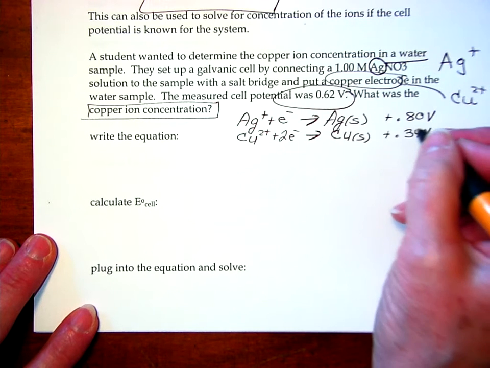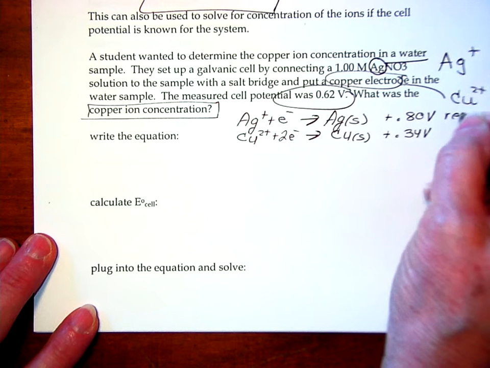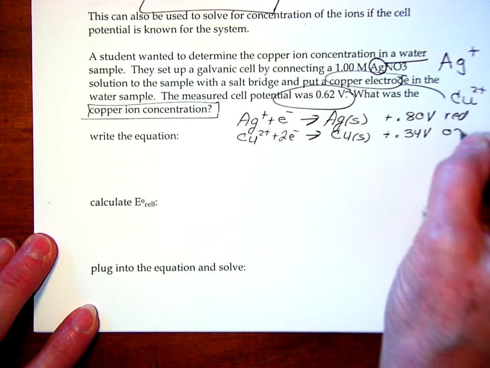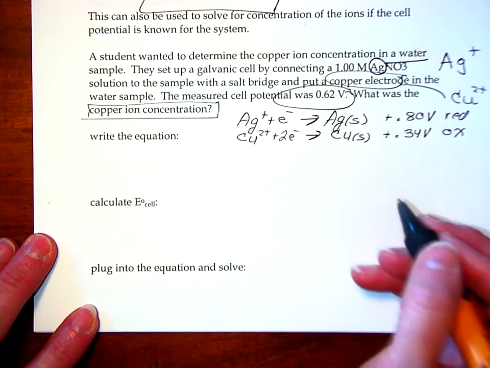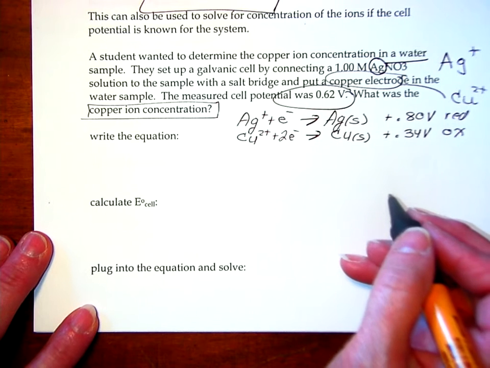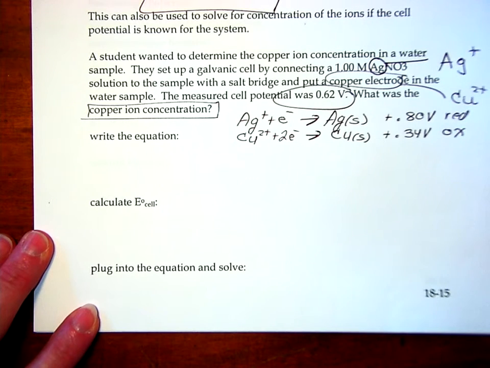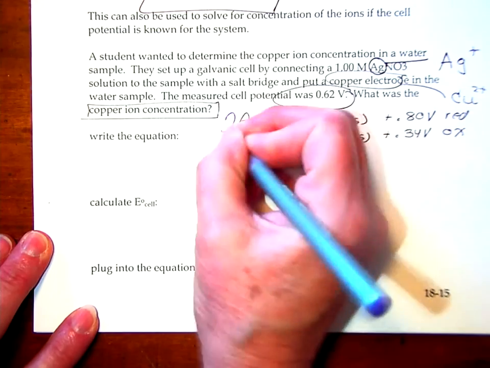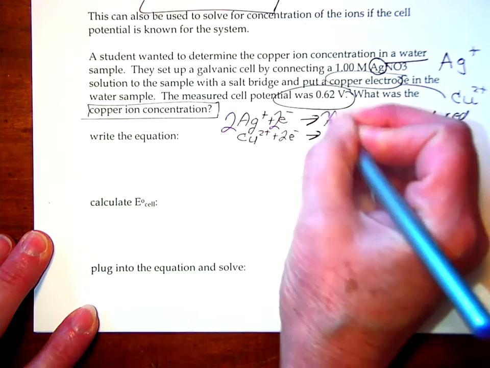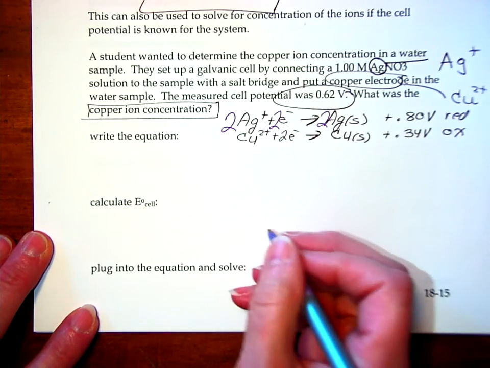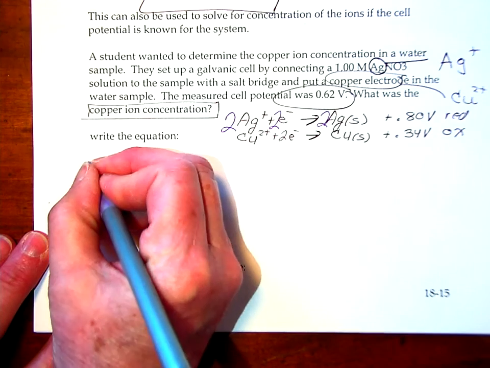That means because silver is larger, this will be the reduction and the copper will be the oxidation half, so that one will turn around. In order to combine these, we need 2 electrons, so we have to multiply the silver equation by 2. And when we do that, we end up with this.